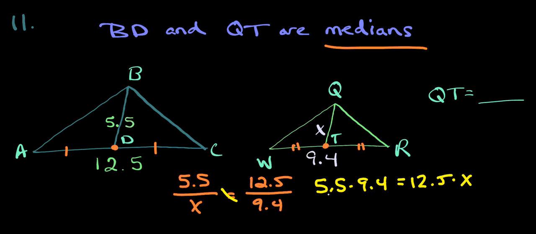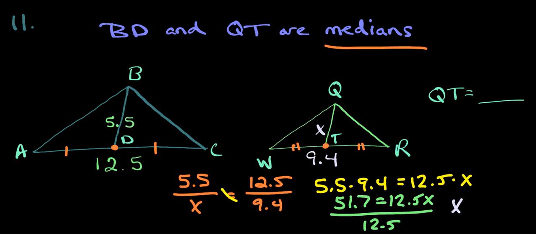So then when you multiply the 5.5 times 9.4, you get 51.7 and 12.5x on the other side. So we're going to divide by 12.5 on both sides. And when you do 51.7 divided by 12.5, we end up getting an x value, which is equal to 4.136. And notice that x value is also the length of Q to T.